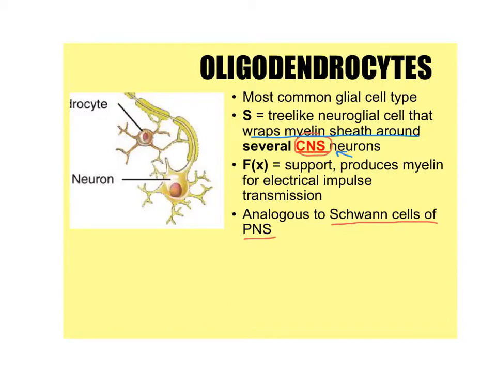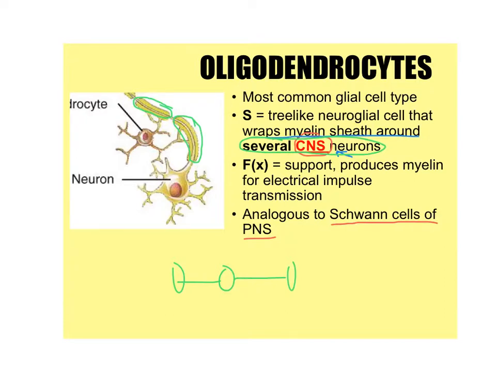Another difference is that if this is the PNS, this would be one Schwann cell. It can only wrap a portion of one axon, whereas oligodendrocytes can reach out and wrap several different neurons. So they can put the myelin sheath around several different neurons, not just one, like the Schwann cells do.